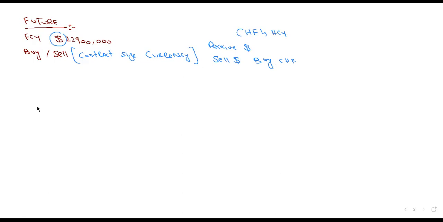So with the contract size currency, did we buy or sell? We bought. So this will be a buy future. Understand, everyone? And the same criteria will be applicable whether it is a call option or put option. As you are buying the contract size currency, it will be a call option. Understand?